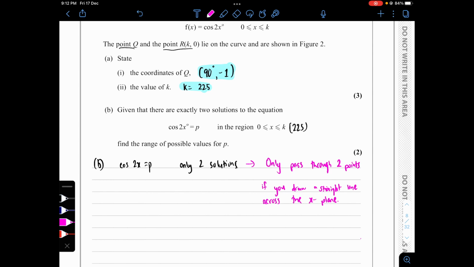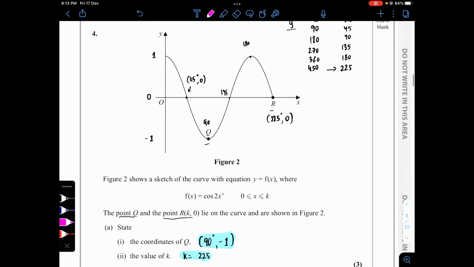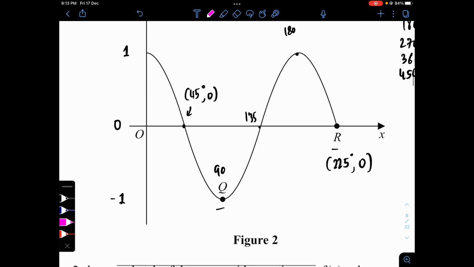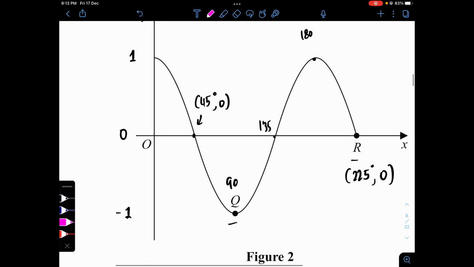All right, so let's look. You can see over here that if we were to draw a line just at -1, there's only one solution, right? But as soon as we go above -1, there are two solutions.